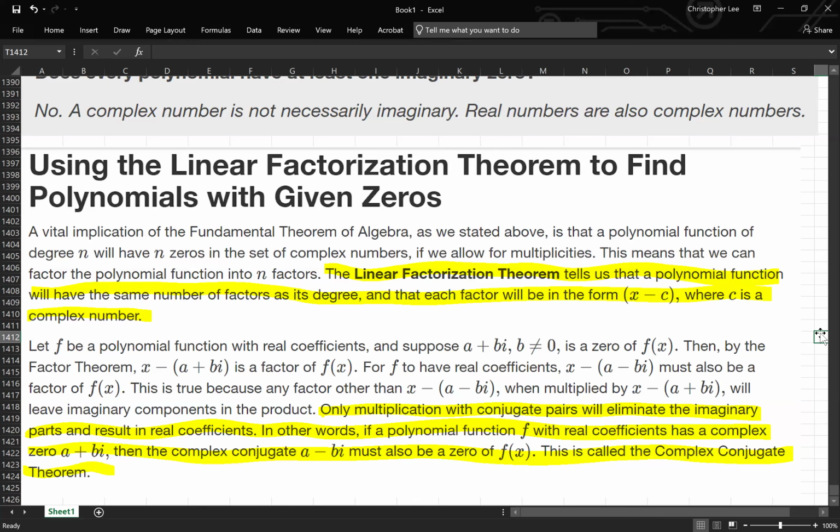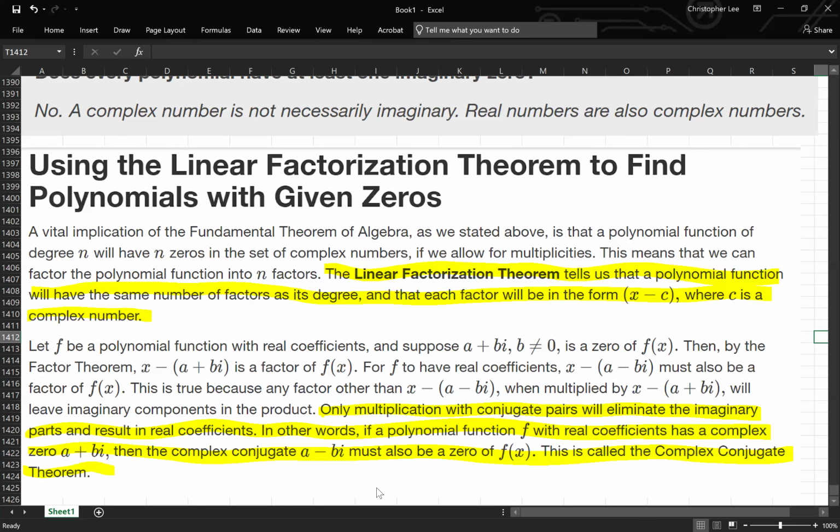Only multiplication with conjugate pairs will eliminate the imaginary parts and result in real coefficients. In other words, if a polynomial function f with real coefficients has a complex zero, a plus bi, then the complex conjugate a minus bi must also be a zero of f of x. This is called the complex conjugate theorem.